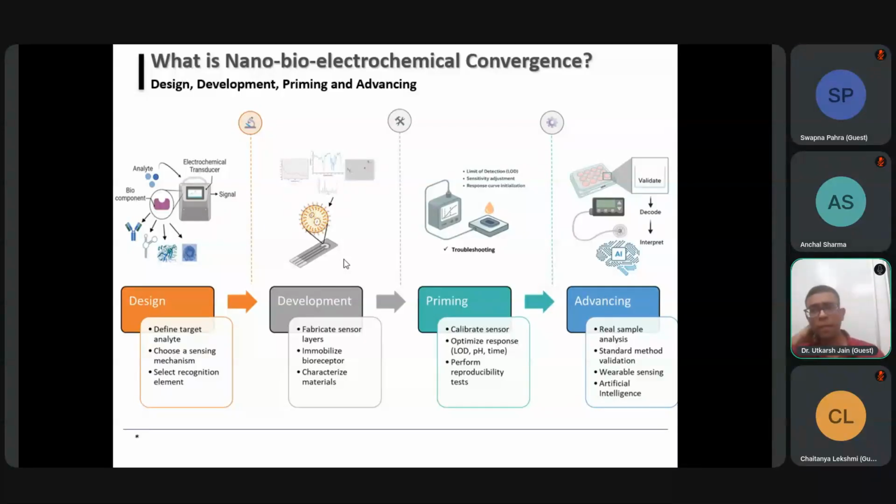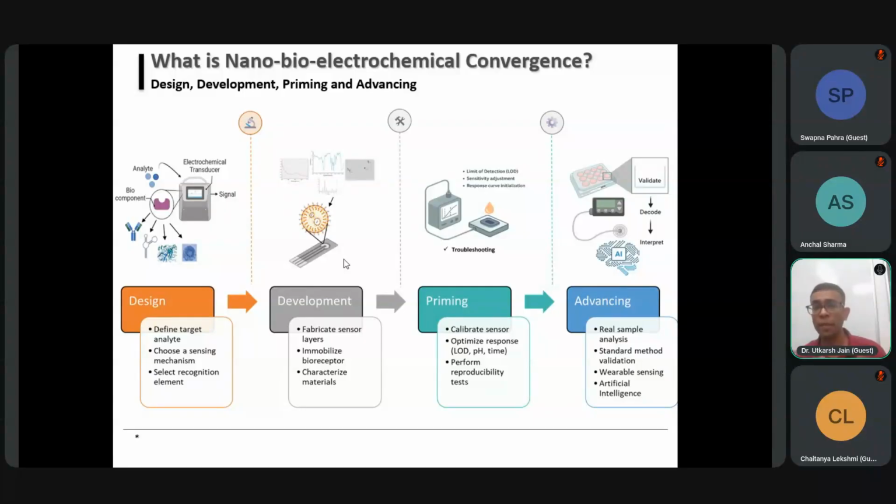When it binds with the biorecognition element on the electrode surface and gives a particular signal, that signal is not detectable since the concentration is very low, so it cannot be converted into a proper reading telling us the particular concentration of that biomarker.